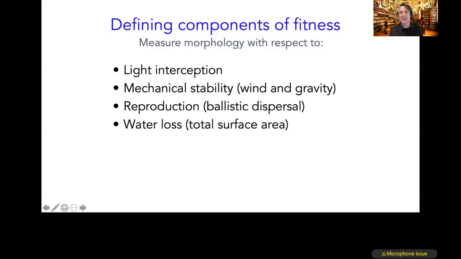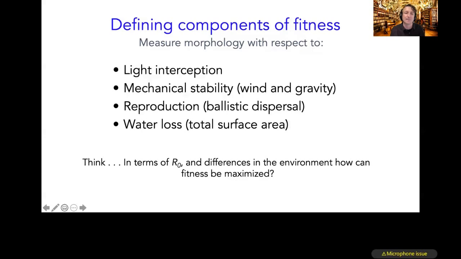So let's define our initial components. Different environments will select for differences in fitness in terms of how well you intercept light, how well you are biomechanically stable, how well you reproduce, and whether or not you're going to be desiccating. Now let's think in terms of R0, fitness, differences in survivorship and reproduction. Drier environments will select for minimizing water loss.